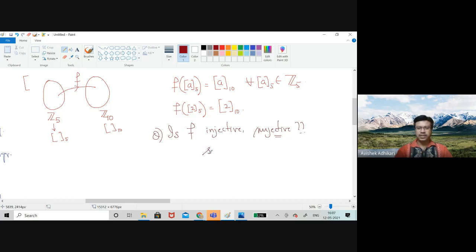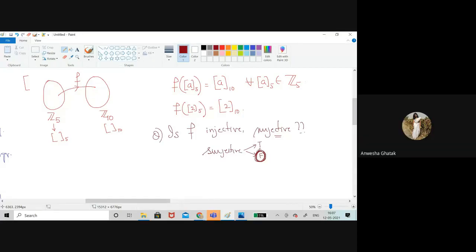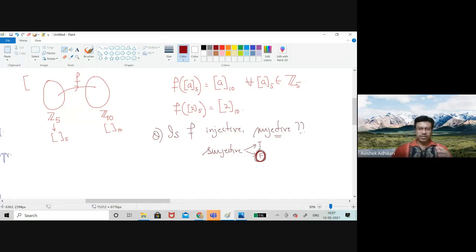Somebody says false. Why false? Because class 6 of 10 has no pre-image, like class 7 of 10 has no pre-image. So you got some logic to give the idea that this is not surjective.